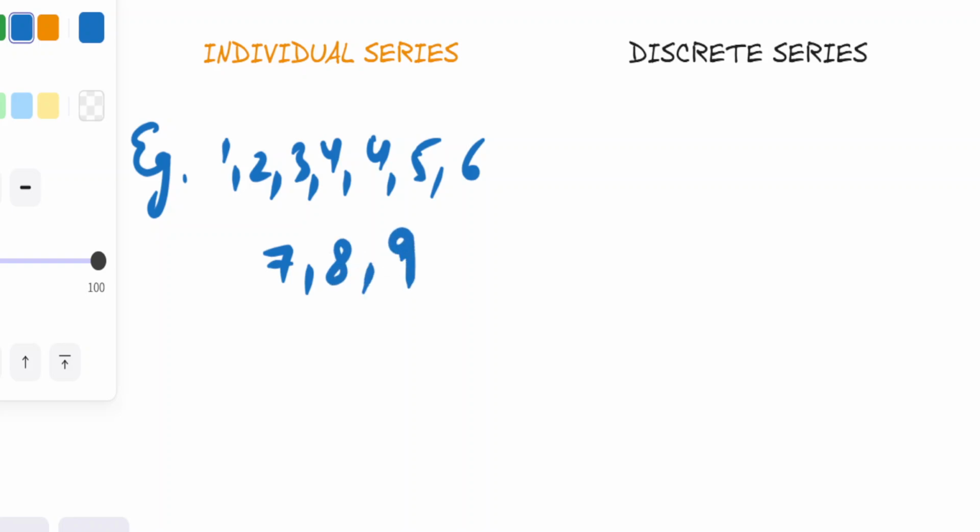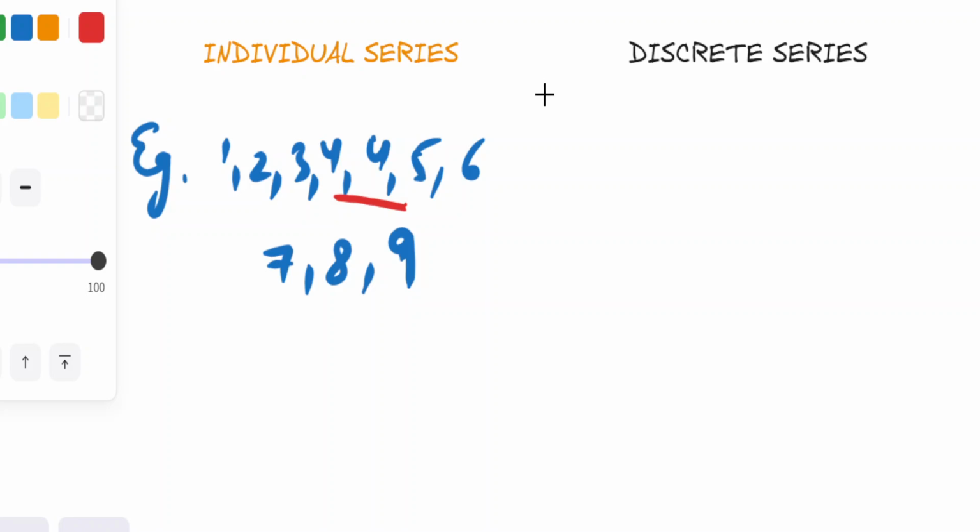In an individual series, a number is repeated only once or twice; all the numbers are not repeated. As we can see in this series, only 4 is repeated once. Every other number is distinct from one another. That is known as an individual series, where the numbers are not repeating themselves, right?